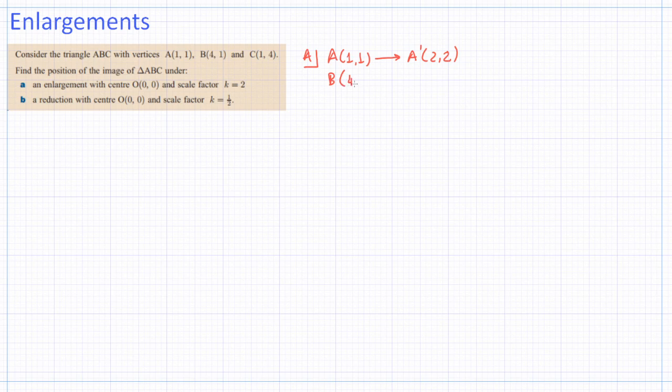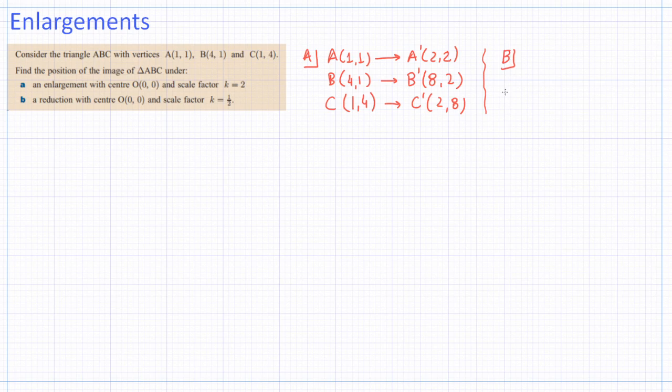B was 4 and 1, and our B prime, just multiply everything by 2, so 8 and 2. What about C? 1 and 4, everything is going to multiply, so 2 and 8. We can draw, I'll show you the drawings later.